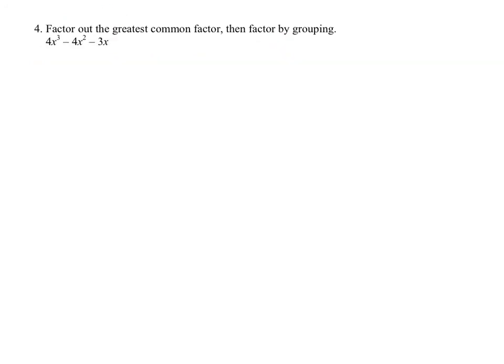Okay, last but not least, let's first factor out the greatest common factor and then factor by grouping. So I'm going to pull out an x. And again, two-step, you guys, like a dance. This is a two-step problem. 4x squared minus 4x minus 3. That's what's left over. So then I say to myself, oh, I'm going to factor by grouping here. So I'm going to write -12.